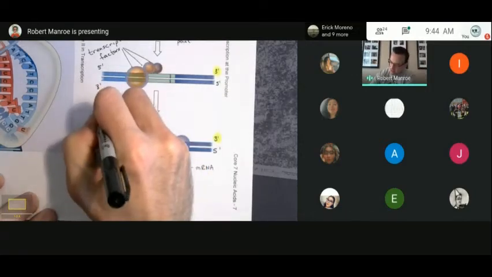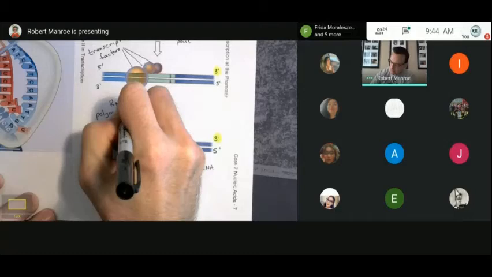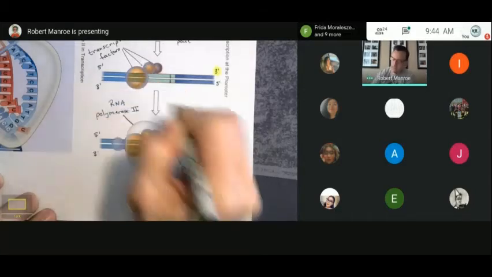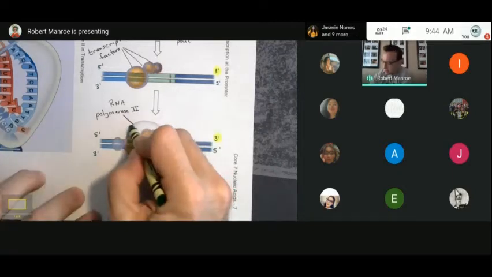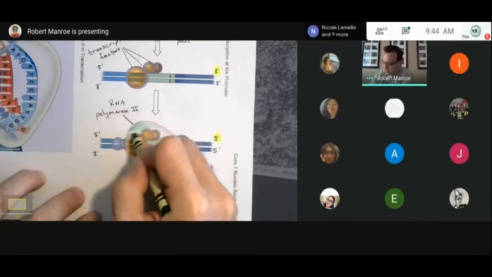So this is your RNA polymerase 2. Okay, let's get a nice green in here. And so this is your RNA polymerase here.